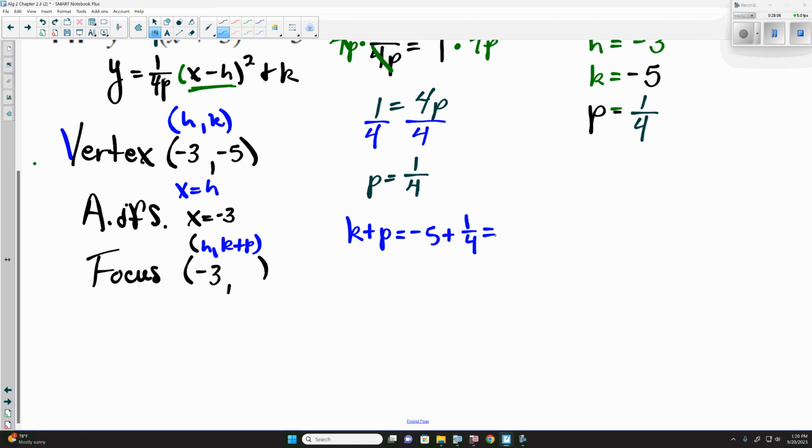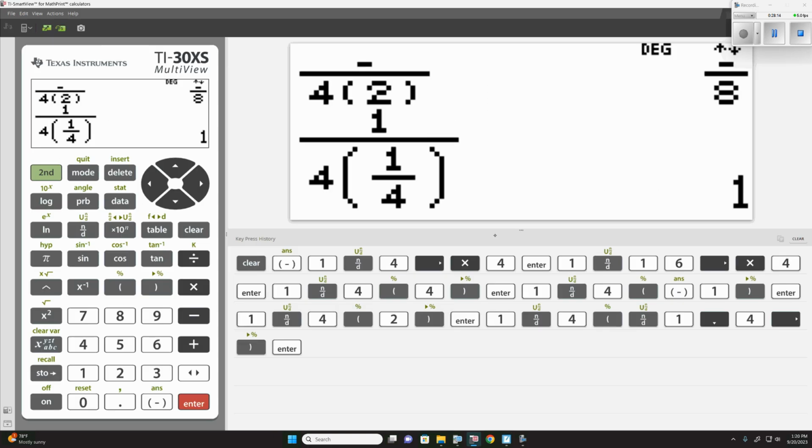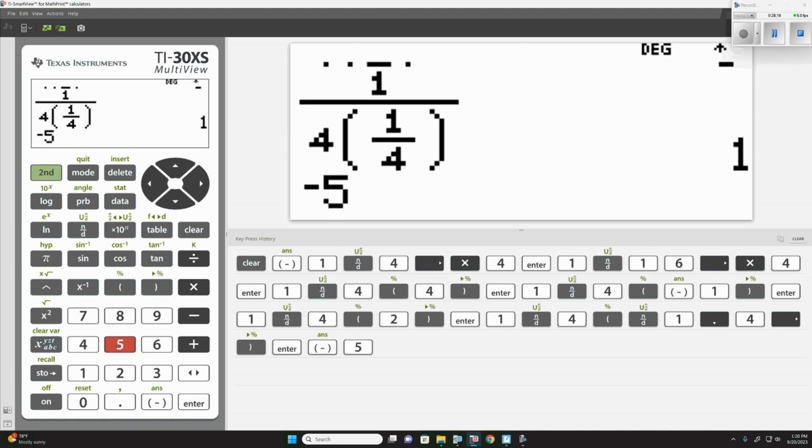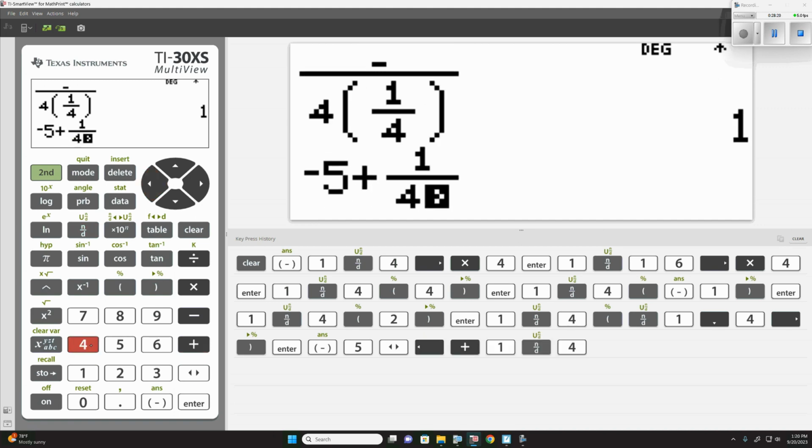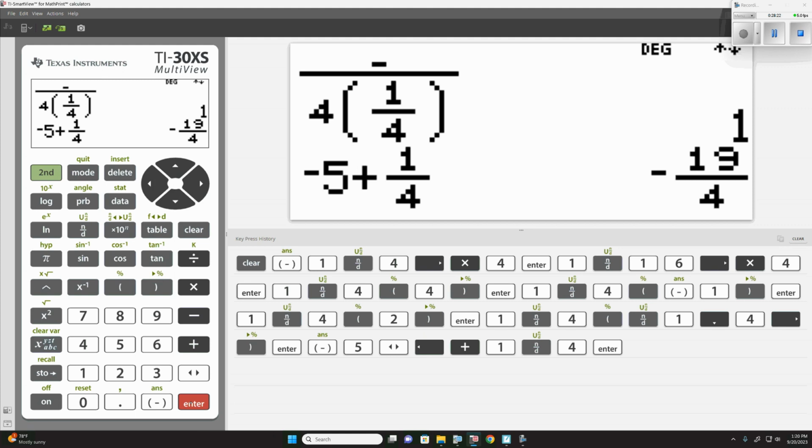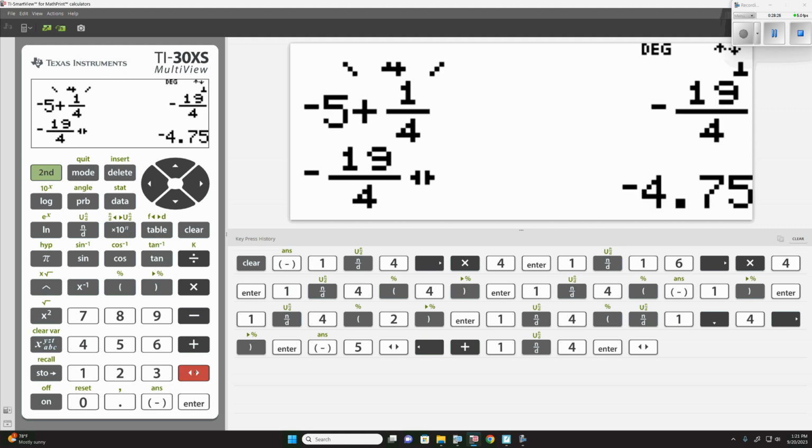As tempting as it is to say that -5 plus 1/4 is -5 and 1/4, that's not the case. Well, -5 plus 1/4 is -19/4, or -4.75.